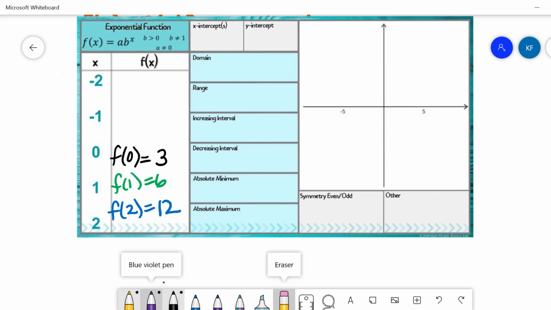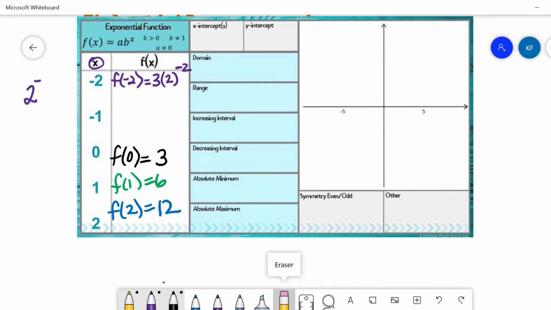So I've cleaned up my graph and now I'm going to start with the negatives. Remember, x is the exponent in this problem. So f(-2) is 3 times base 2 to the negative 2. I'm going to come on over here and do a little work.